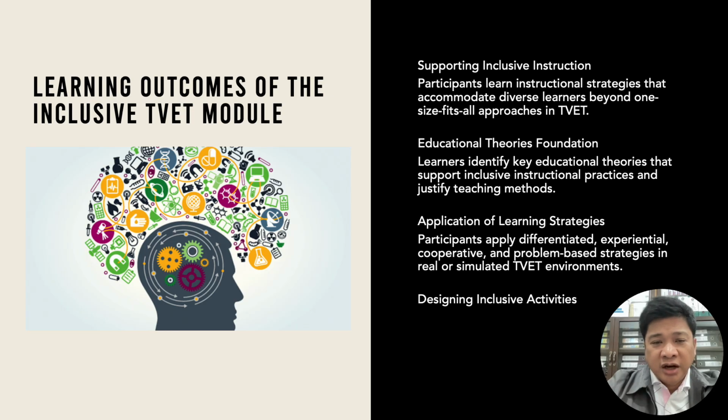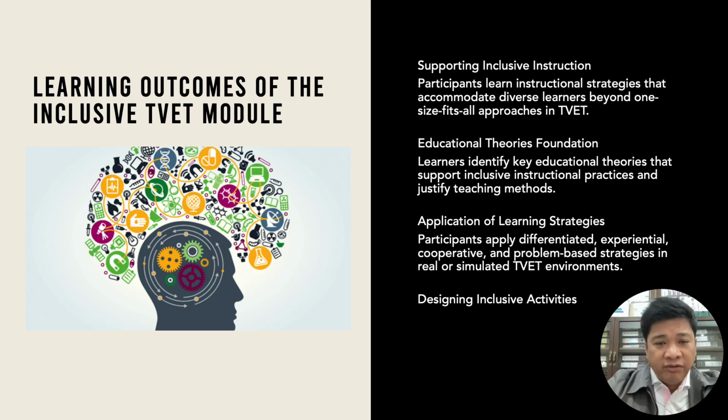Another important outcome is the ability to design inclusive, industry-relevant learning activities that align with training regulations and occupational standards while accommodating learner diversity. Research in outcomes-based education shows that when learning outcomes are explicit and aligned with assessment, learners demonstrate higher achievement and confidence.